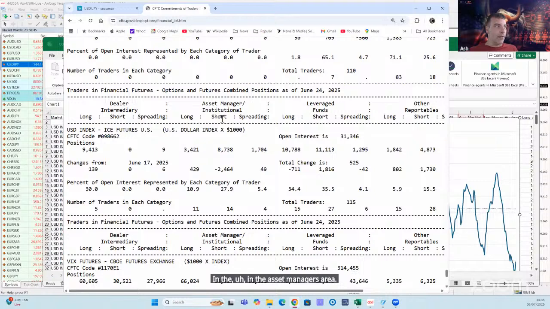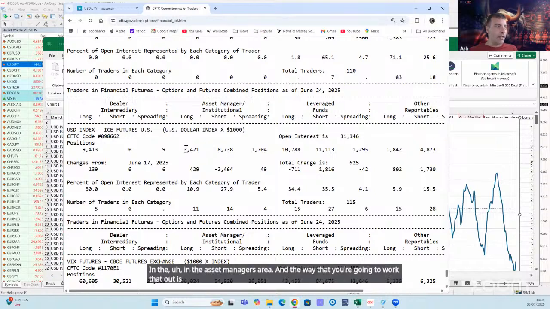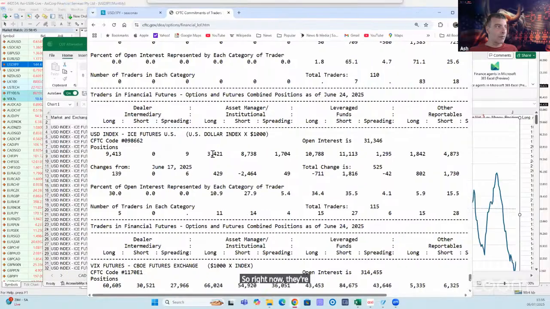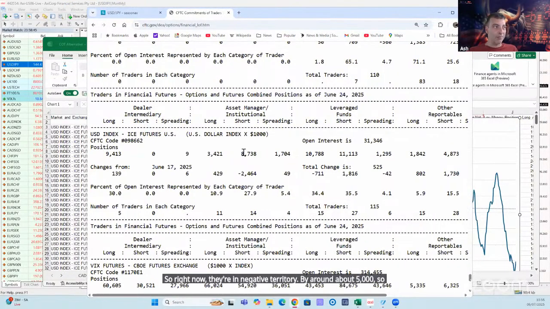And the way that you're going to work that out is by taking the long minus the short, and it will bring you the net position. So right now they're in negative territory by around about 5,000, so negative 5,000. So we're looking at a proper bump. Now this hasn't been reported this week as yet because of, as I say, the July the 4th celebration. But that's what you're looking at.